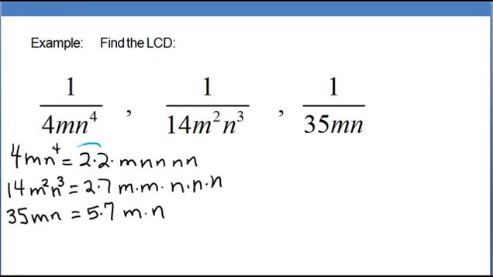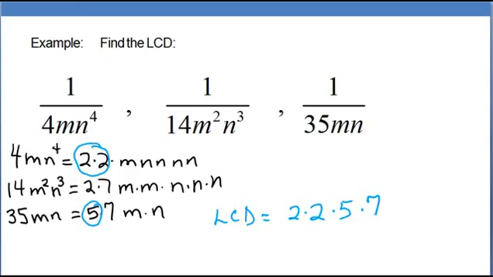So the 2's are going to come from the first one. The 5 will come from the last one. And the 7 occurs once in each of those, so it's only one time. So we need one 7.